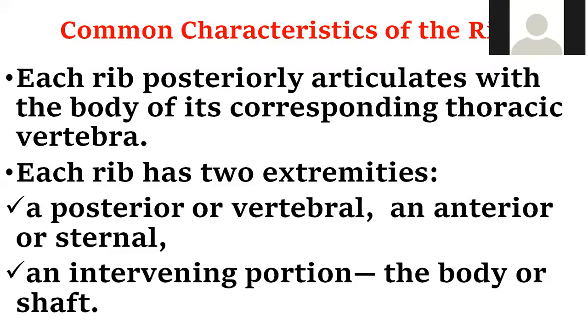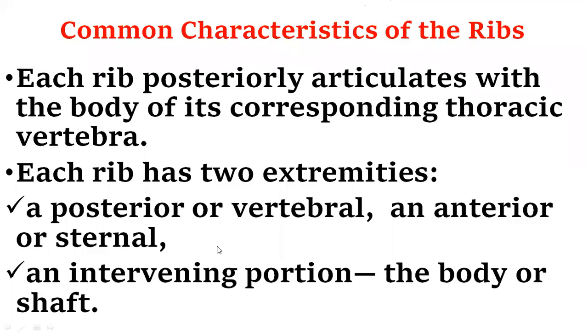Each rib also has 2 extremities, common to all: a posterior or vertebral end and an anterior or sternal end. Then there's an intervening portion, which is called the body or the shaft of the rib, in between the posterior and the anterior portion.